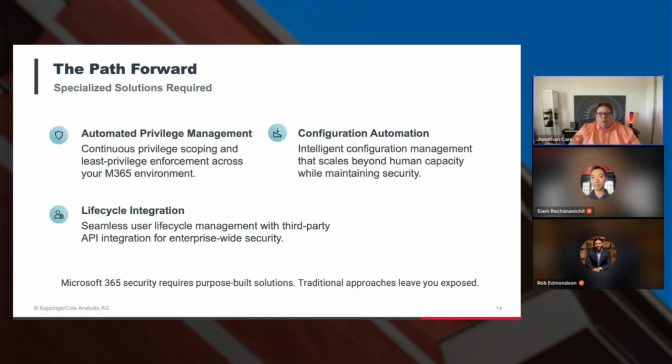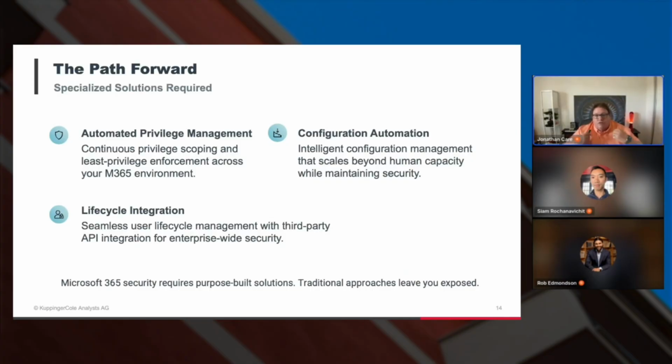I want you to be looking at configuration automation. And by this, I mean intelligent configuration management, something that scales beyond human capacity and maintains security. And finally, I want you to be doing this concept of seamless user lifecycle management with third-party API integrations for enterprise-wide security.